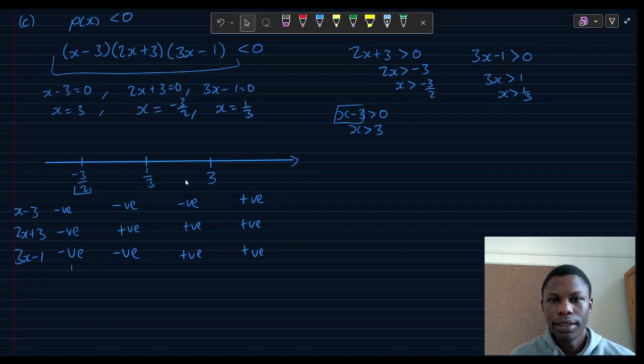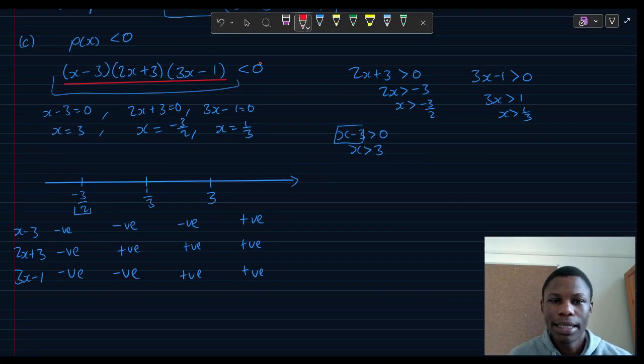And our question here, in our expression, we're saying when is p of x less than 0? So remember, these things are multiplying. For me to get something that's less than 0, this whole thing, when multiplied together, should result in a negative number.